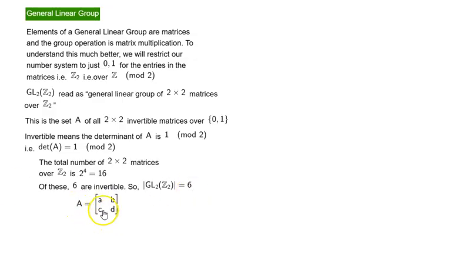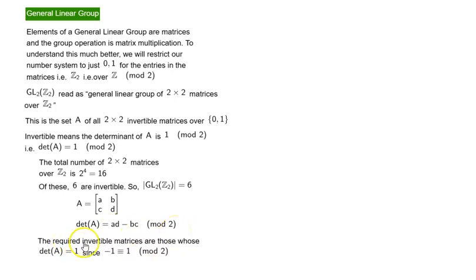Now we know a matrix is written like this, and the determinant of A is equal to AD minus BC. Since here we are in mod 2, we will say AD minus BC mod 2. The required invertible matrices are those whose determinant is equal to 1.